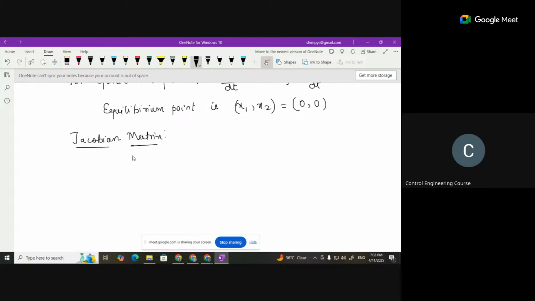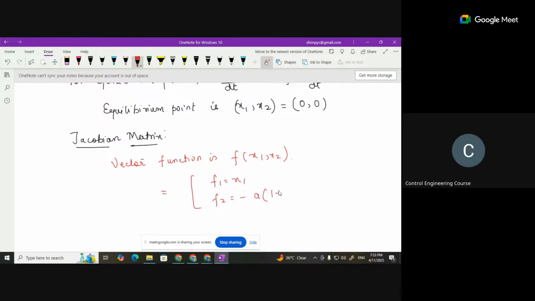So how to evaluate that? You know that the vector function is f of x1, x2. That is, your f1 is equal to x2 and f2 is equal to how much?